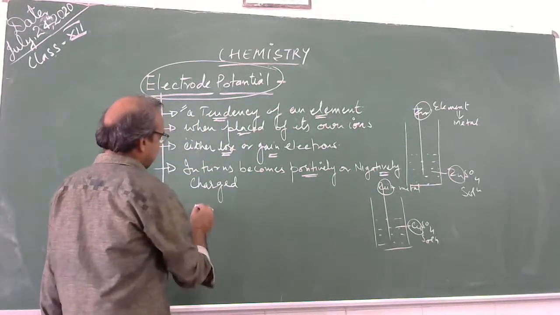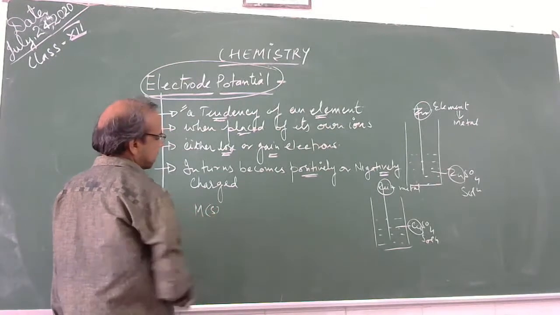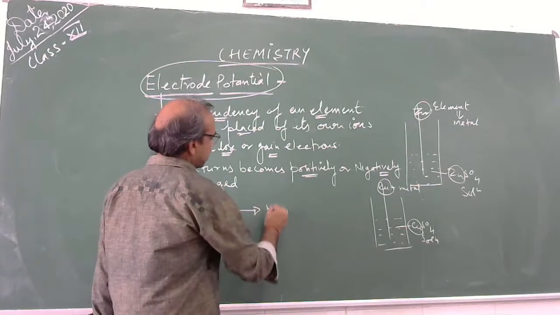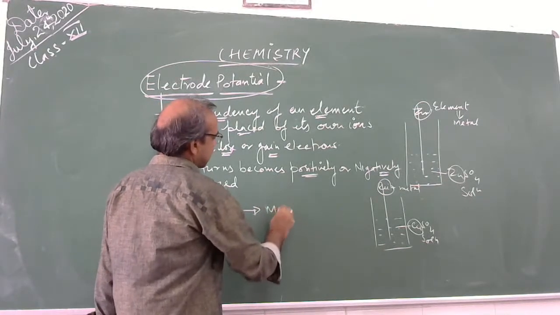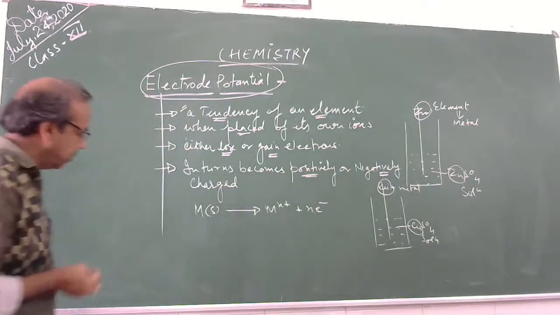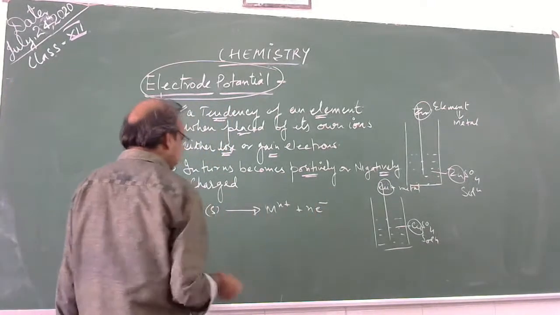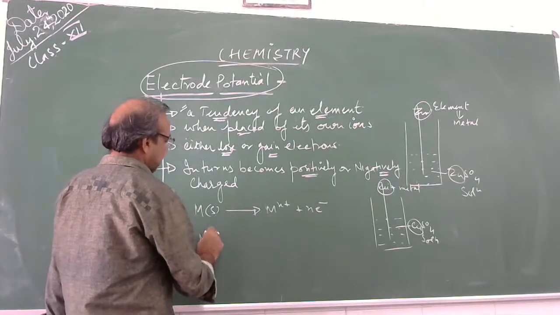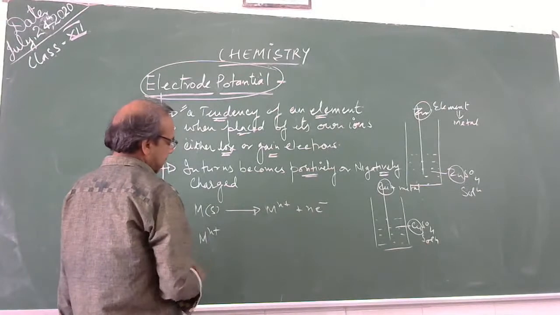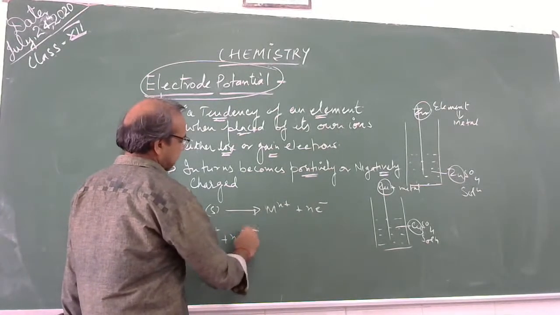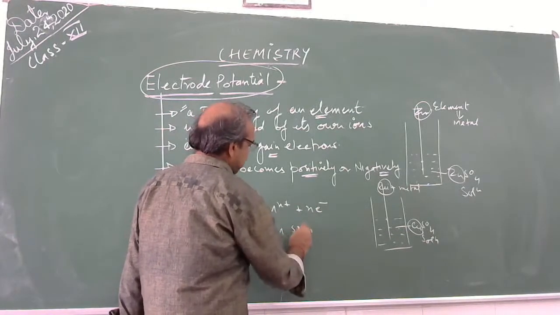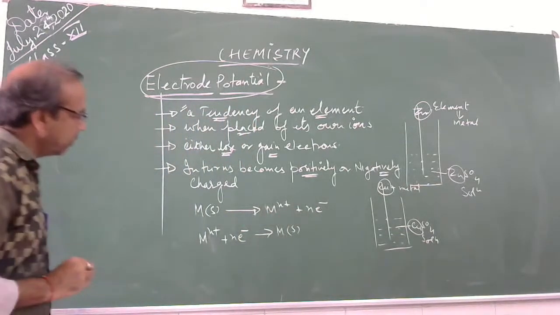Suppose there is M solid, this is a metal, and in turn it loses n electrons, forming M^n+ ions. And in the other direction, M^n+ ions after gaining n electrons convert into M solid metal.